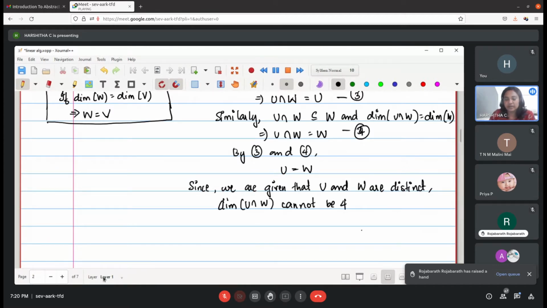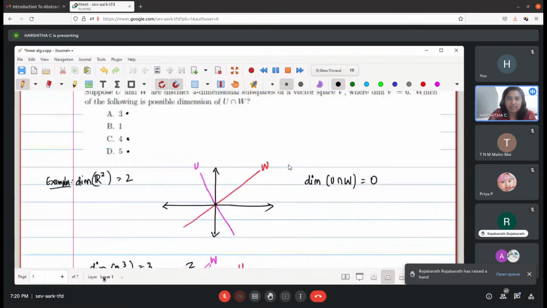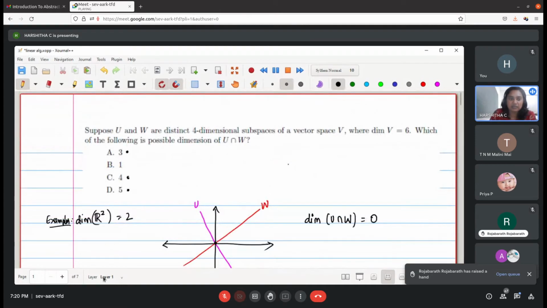So the only possibility left is that it has to be 3. When I say the only possibility, I am saying out of these options. Of course, it could have been 2 also. Is this clear? Any questions?